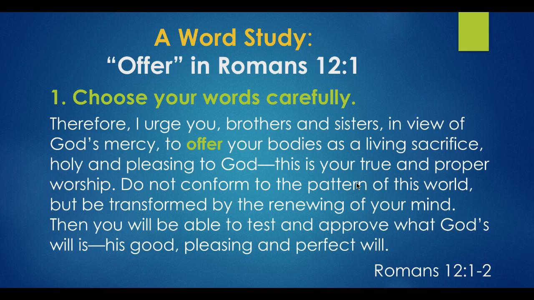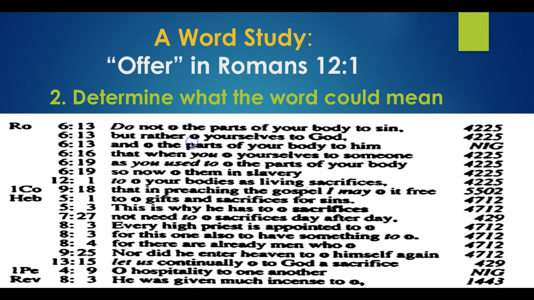Now, let's run through this in a quick, rapid pace, just to show this one more time. If you were to be in Romans 12, verse 1, and you're studying the word offer, here's a way you might do it. You would look it up. You would find the word. We've chosen offer. Then we're going to go to our concordance, and we're going to look up offer in the English section.